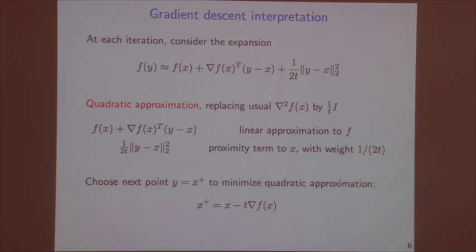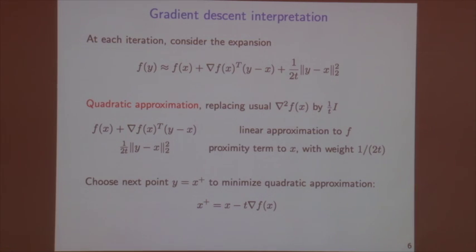So we just saw that the gradient descent update rule is an update rule of this type. Your next point is going to be the point where you were before minus a step in the direction of the negative gradient. But can we give an interpretation of why we are performing that particular update? The answer is that you can justify the procedure by looking at a second order Taylor expansion of the function f around a point x.